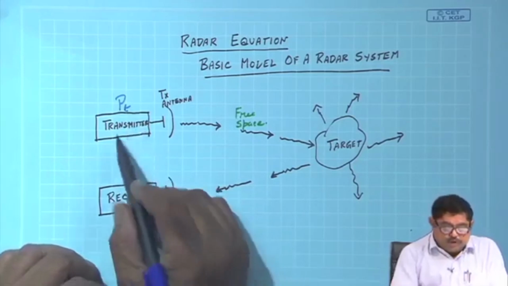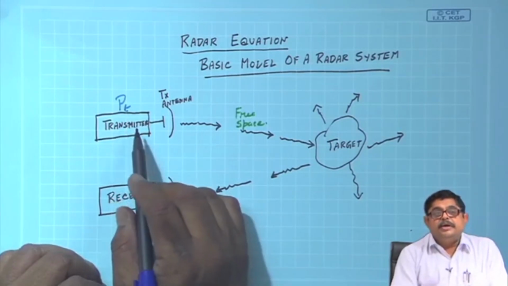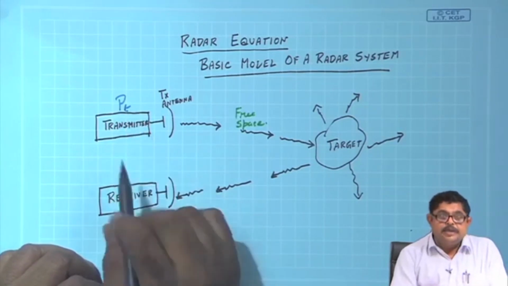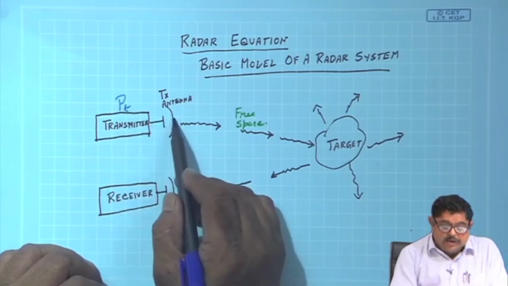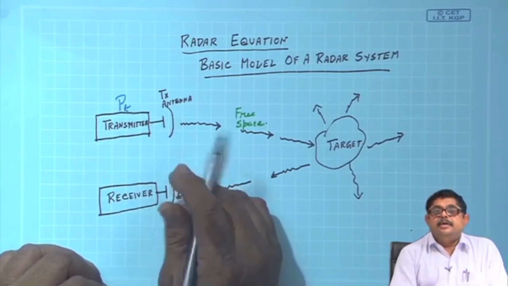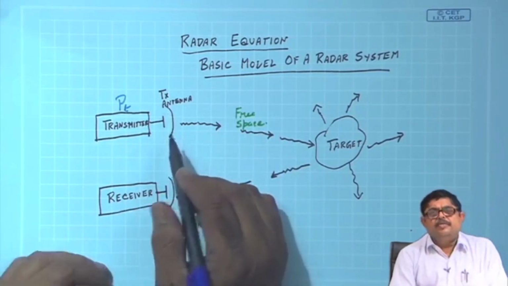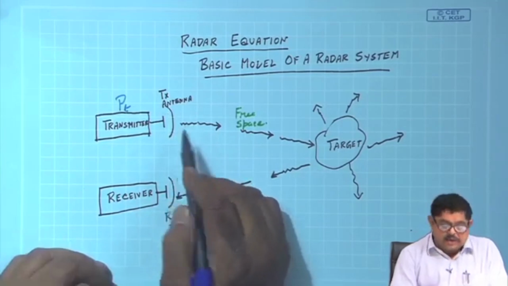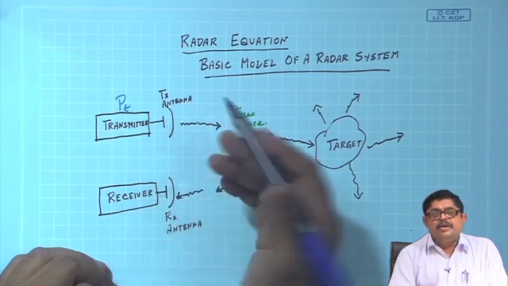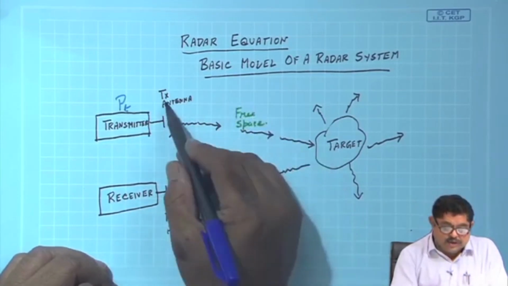The power given by the transmitter is PT, and that is given to the antenna. We are assuming here no loss in the antenna. Generally, microwave antennas are lossless, or the loss is very small, so we generally neglect it.